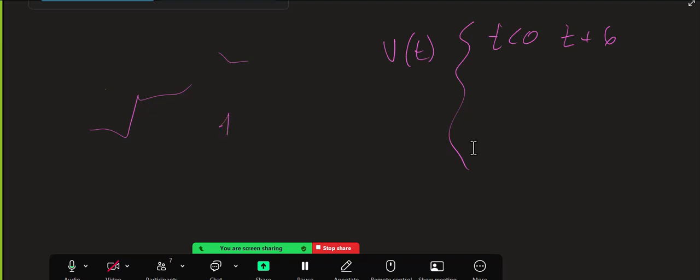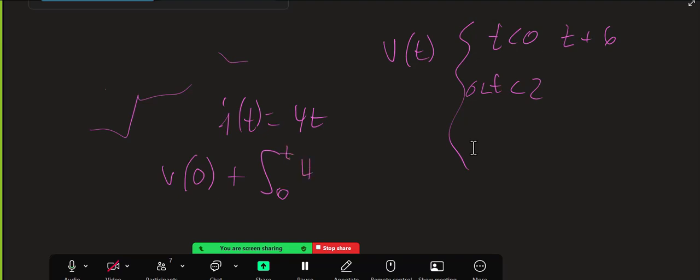And then I have I of T is 4T for T between 0 and 2. Okay, so now I'm doing the 0 to 2 part, and I need to get V of 0 plus the integral from 0 to T of 4T dt.